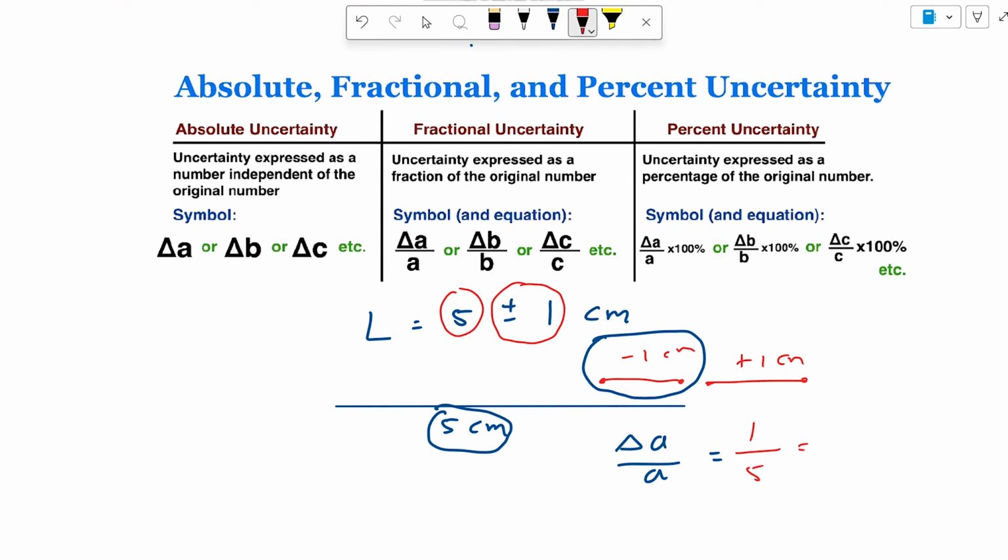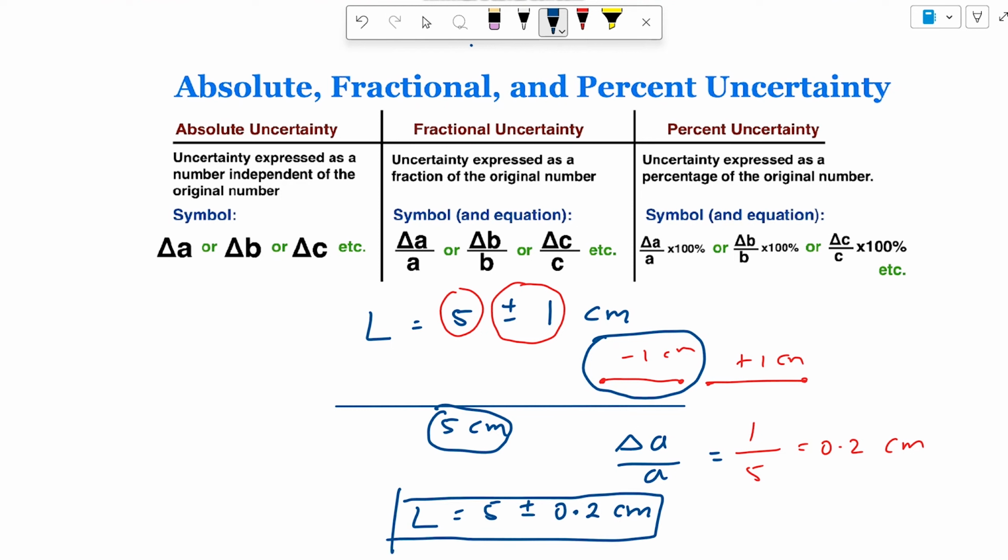And the answer to this would be 0.2. So our fractional uncertainty would be L is equal to 5 plus minus 0.2 centimeters. And that is your fractional uncertainty.